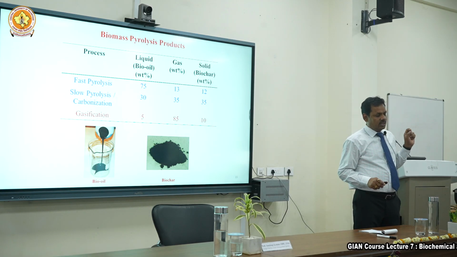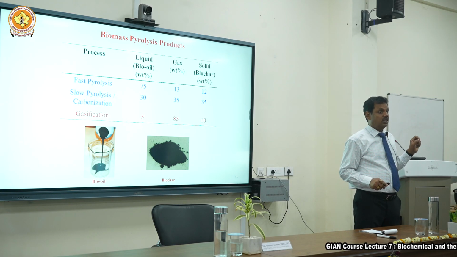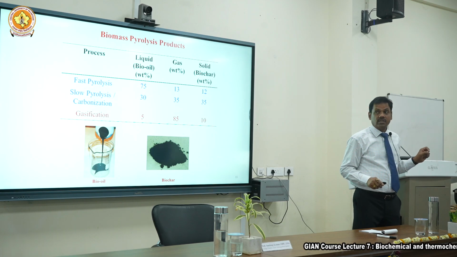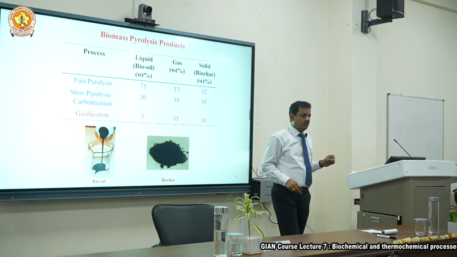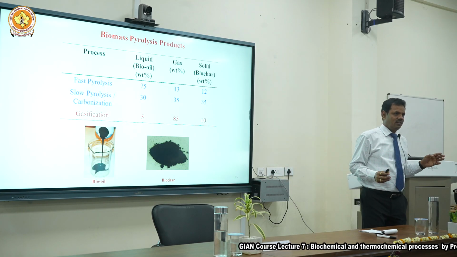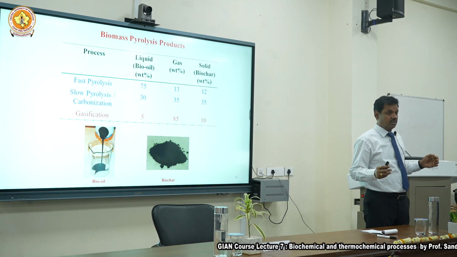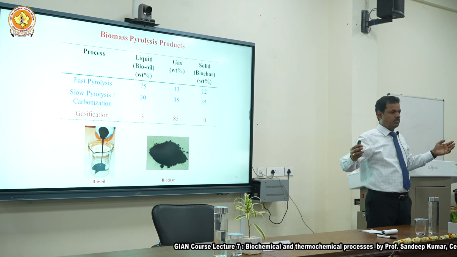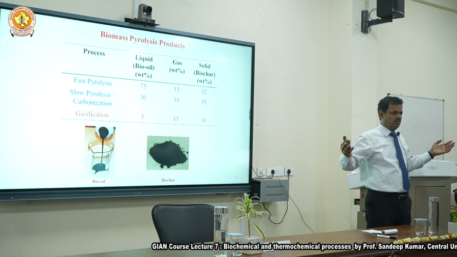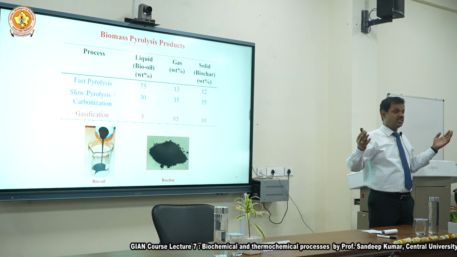If you are trying to make oil, you want to do fast pyrolysis. It will give you up to 60 to 70% of oil, because of very fast heating. Imagine 200 degrees Celsius in 10 seconds, and 400 degrees, the typical pyrolysis temperature is 400, 500. You can heat in 10 seconds.